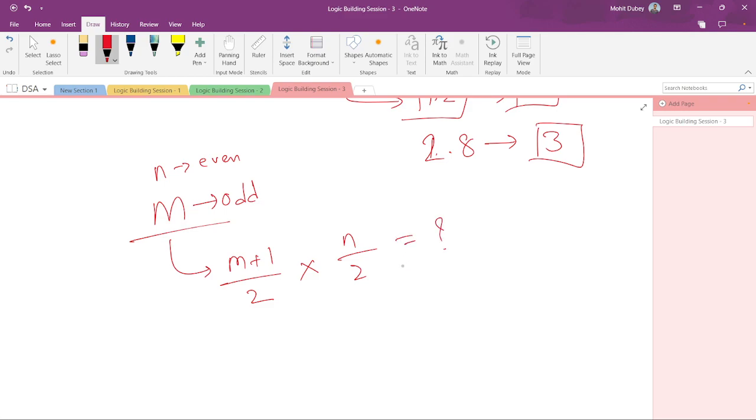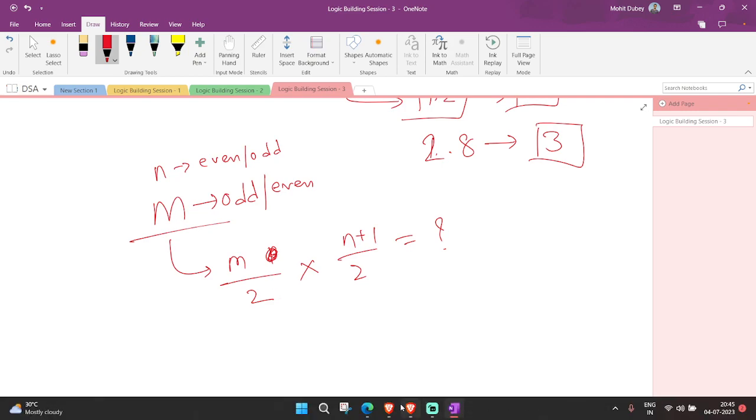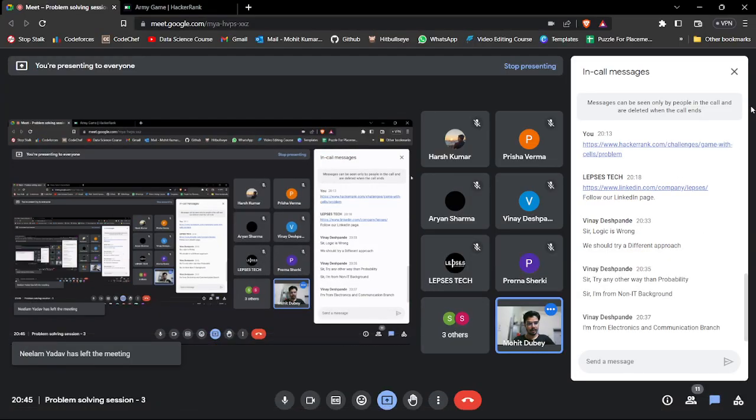Okay, and this will be our answer. If m is even, then we won't be including this, and if n is odd, then we'll be including this, right? And this way we'll be getting our answer. So let's just try coding it.